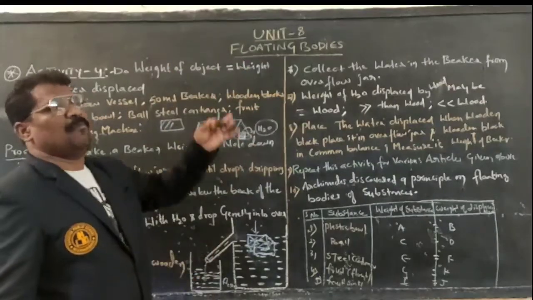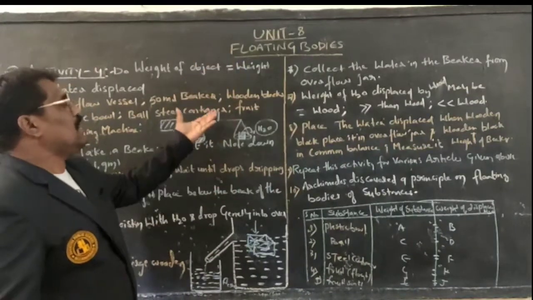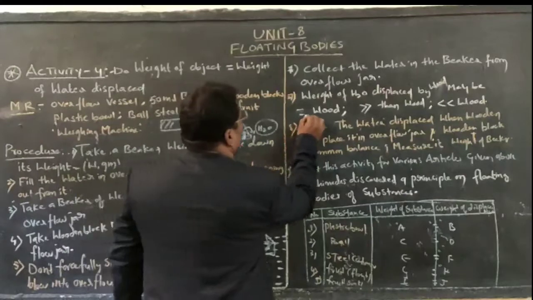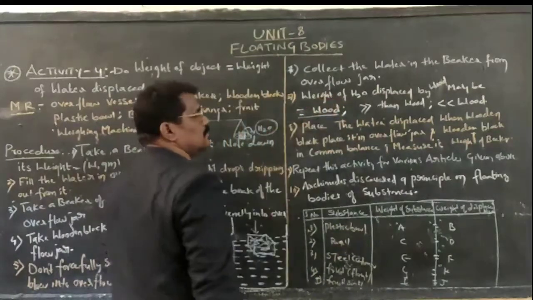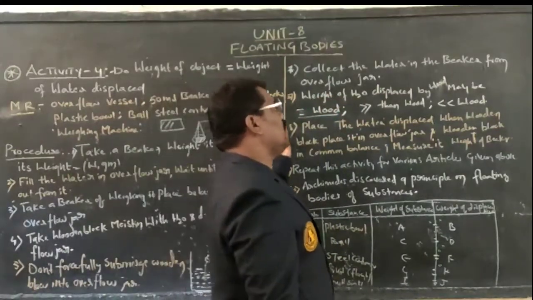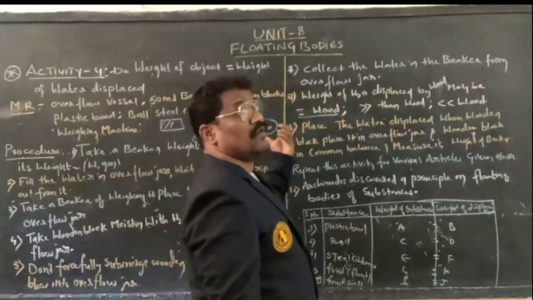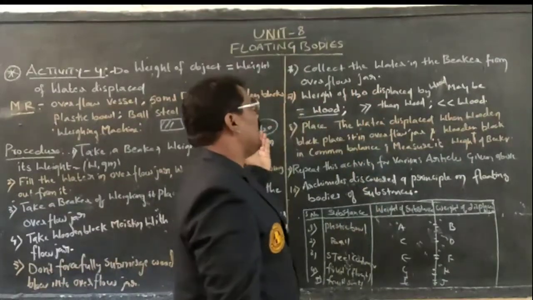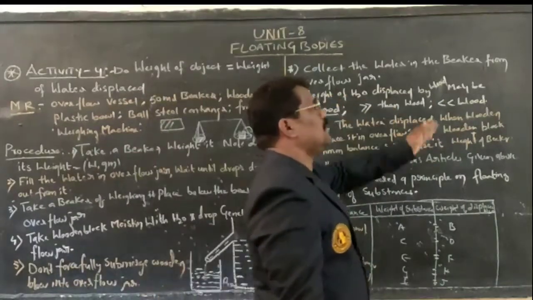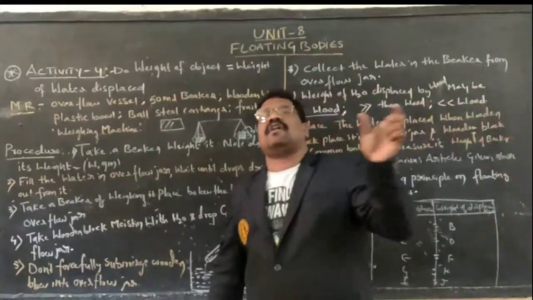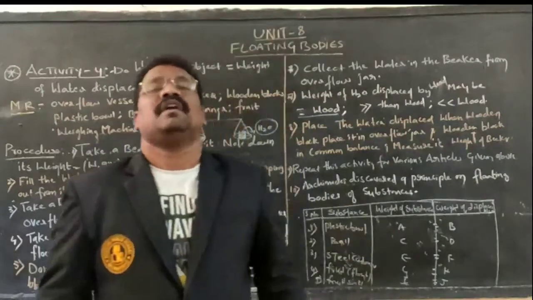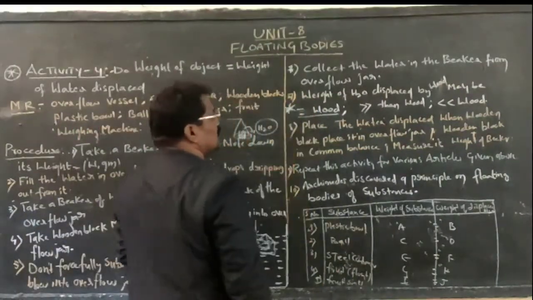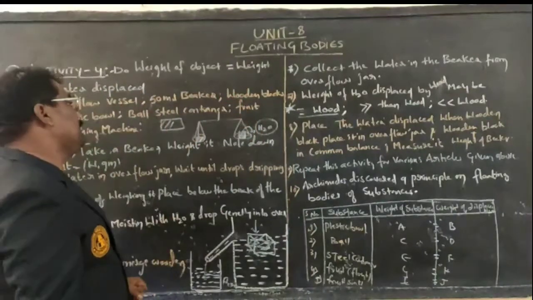By measuring it, we can come to know whether the weight of the wood is equal to the weight of the water displaced, or the weight of the water displaced is greater than the wood weight, or less than the weight of the wood. Any one of these conditions can be satisfied. Calculate that.